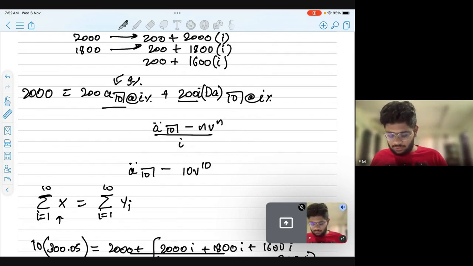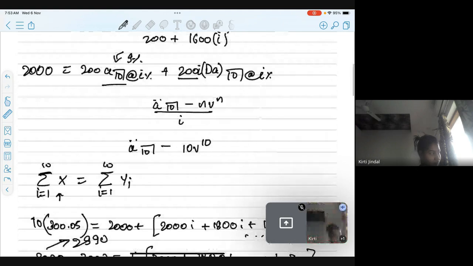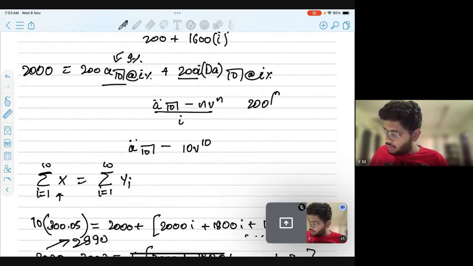If I take 9% and solve this, 1 minus 1.09 to the power minus 10, upon 0.09, shift store A. Now A into 1.09, shift store B. 10 into 1.09 to the power minus 10, shift store C. So this is 200 times A10 plus A due 10 minus NVN.